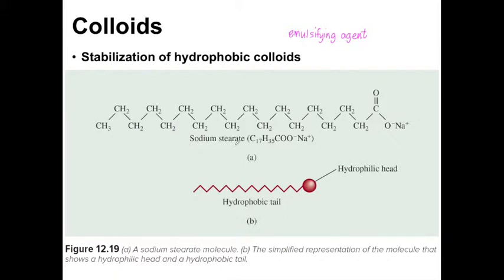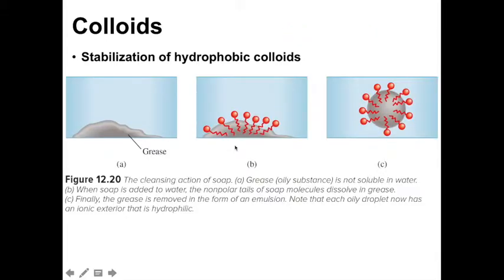So how does an emulsifying agent work? For example, we have here grease, which is mostly composed of oil. Let's say this is our skin. So we have grease. Then we put some emulsifying agent from your soap. The emulsifying agent has a hydrophobic tail, so the hydrophobic tails will interact with your grease.